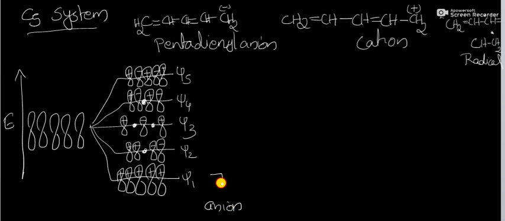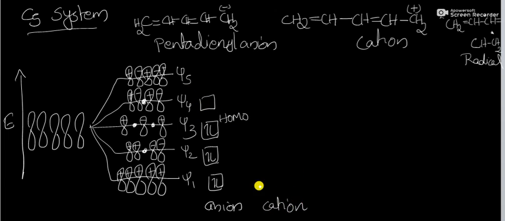Then in the case of electron filling, in the case of the anion, the total number of pi electrons involved is 6. So the HOMO is Psi3, the LUMO is Psi4. Then in the case of the cation, the total number of electrons involved in the reaction is 2. So the HOMO will be Psi2 and the LUMO will be Psi3.